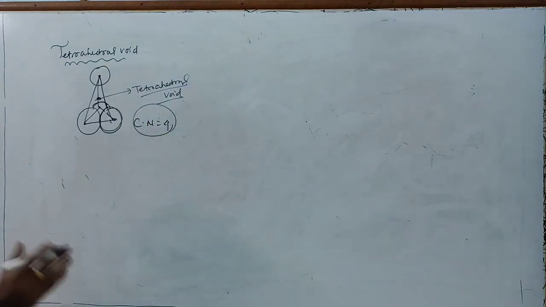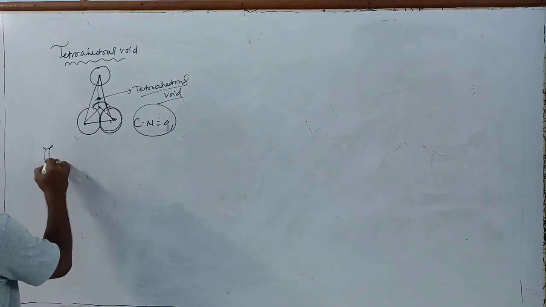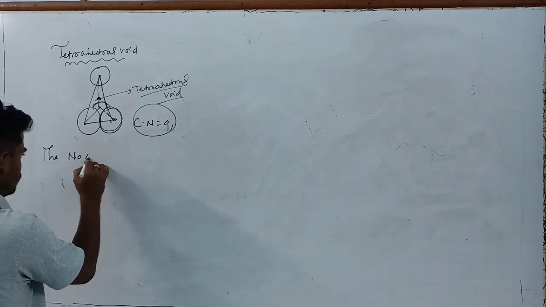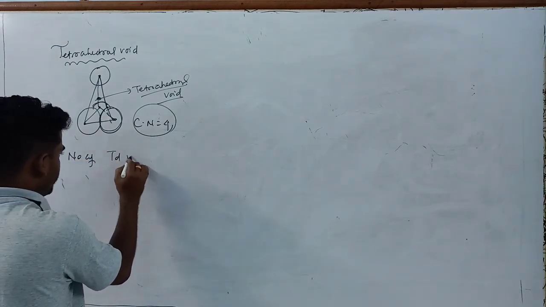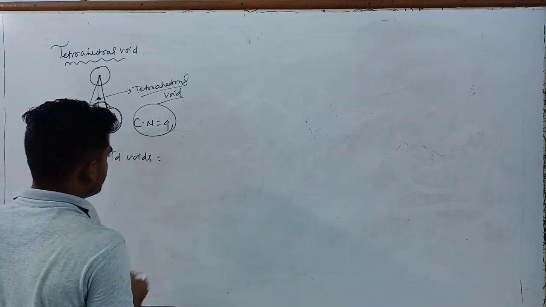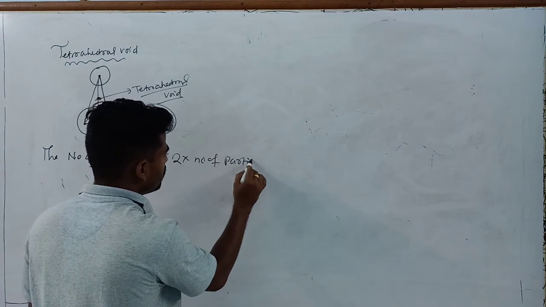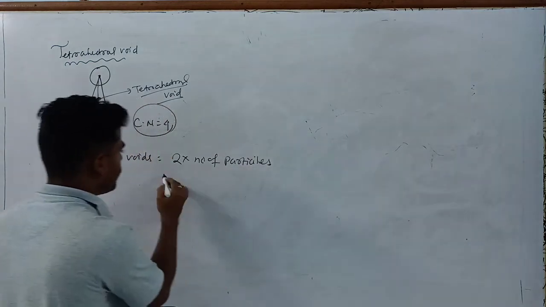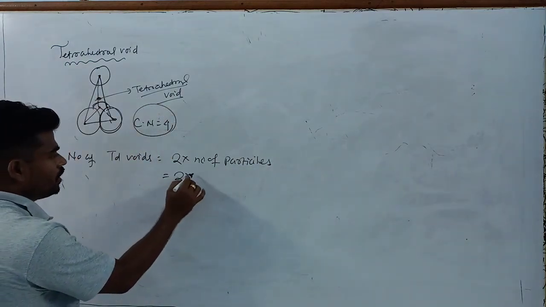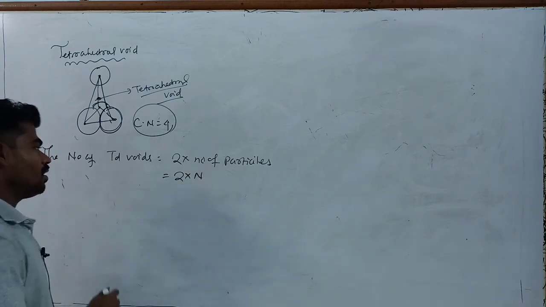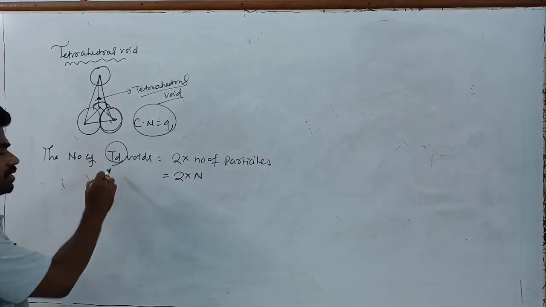Okay, and you just remember the number of tetrahedral voids is equal to 2 into the number of particles. If the number of particles is n, that will be equal to 2n. That is the number of tetrahedral voids.